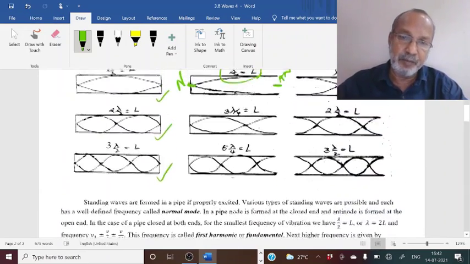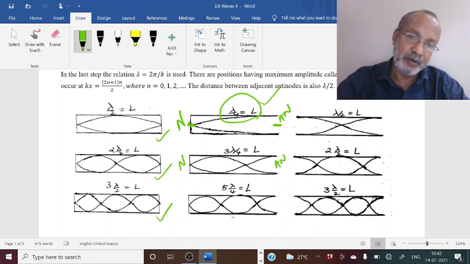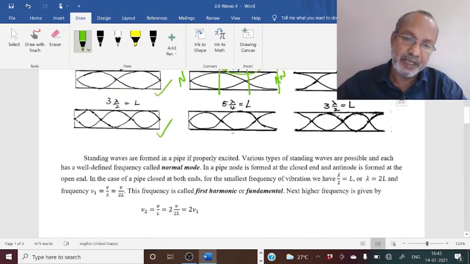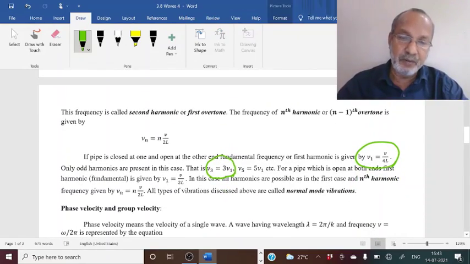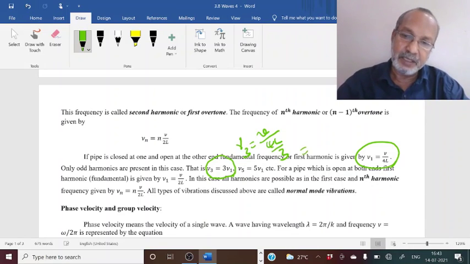And the next higher frequency will be obtained from the second diagram. You should note that the antinode should be formed here and node should be formed here. So we have got lambda by 4, lambda by 4, lambda by 4. So 3 lambda by 4 will be equal to L, or lambda equal to 4L by 3. Substituting that in the formula for frequency, we get nu 3 is equal to V by (4L by 3), that is 3 times V by 4L, and V by 4L is the first harmonic.